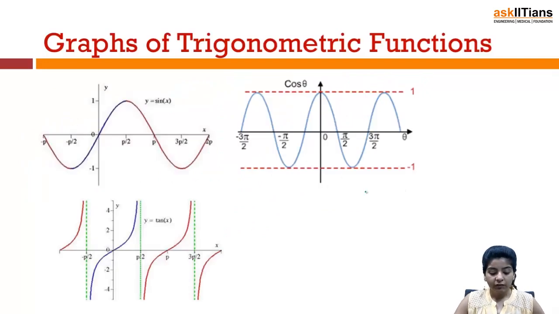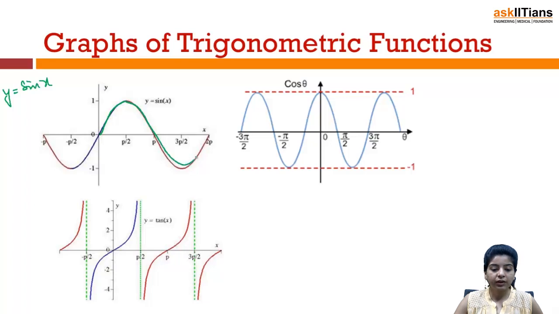Then we have the graphs of trigonometric functions, right? So in case of graphs also, maybe some of you must be having a fair idea. When we want to draw the graph of y equal to sine x, we'll have a graph of this form, right?